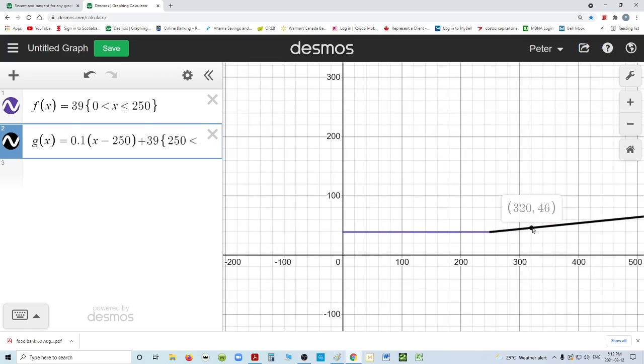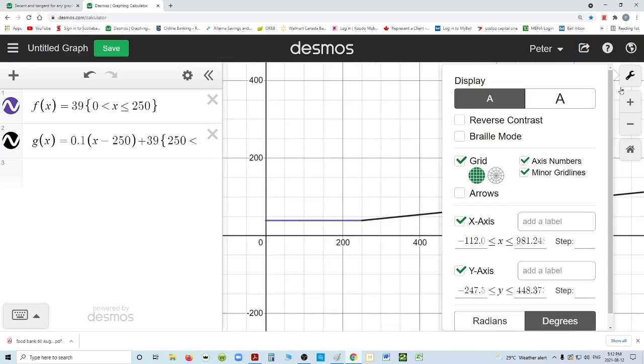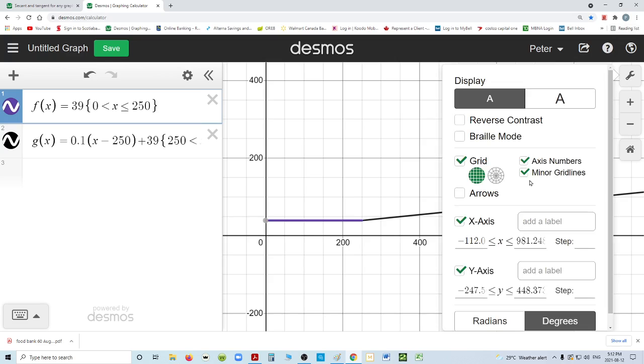And any delta y, delta x I do on this will get me a slope of 0.1, and any delta y and x I do on this horizontal will get me a slope of 0.